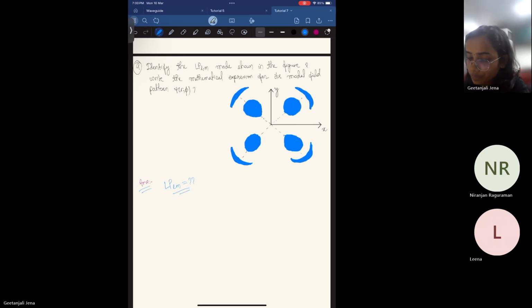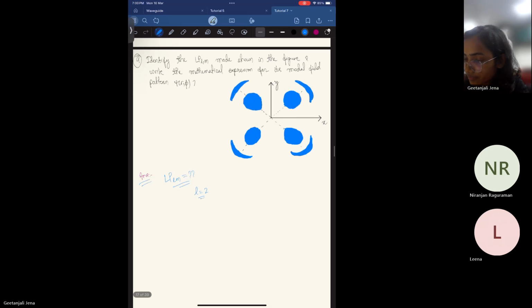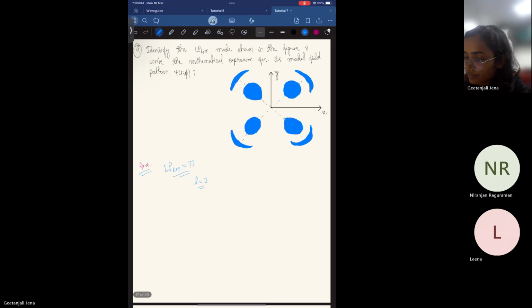L is 2. Okay. And what is the value of M? So L equal to 2, you can get it if you recall, in one of the questions I asked you to find the number of zeros in the phi direction, that is, in the angular direction.